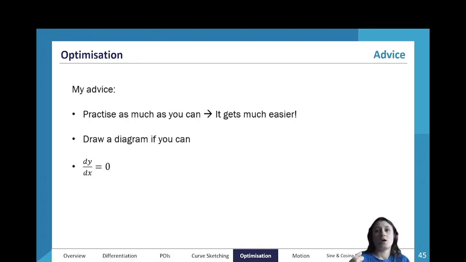Then please, please, please, as you get the hang of those easy ones, make sure that you keep progressing and keep doing more and more difficult ones, because they're not going to give you, on your external and potentially on your internal as well, it's very unlikely they'll give you an easy optimization question, and the reason I say that is because we did optimization in year 11, so you've already done it.